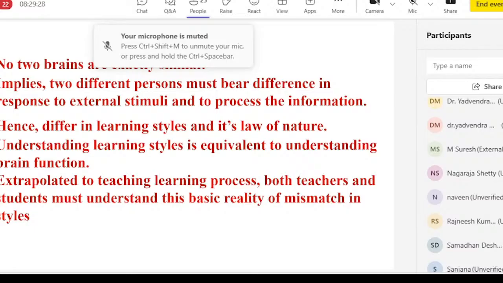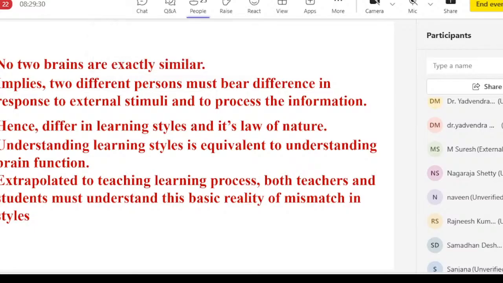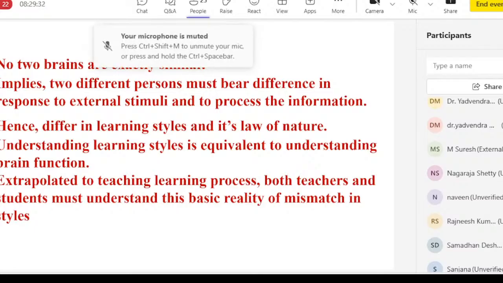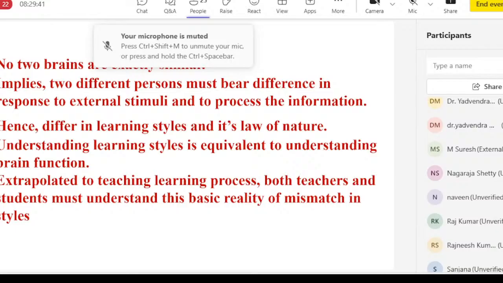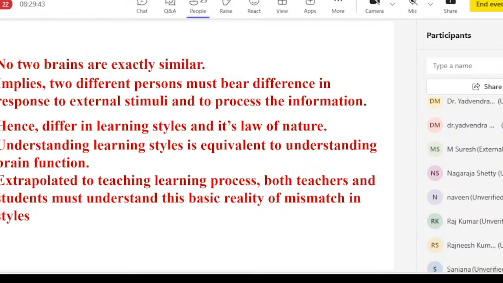That is a typical law of physics. So learning styles will be different. And understanding learning style is equivalent to understanding the brain function. So if I can understand your learning style, that means I am able to understand the way your brain is functioning. So this is a very trivial issue.